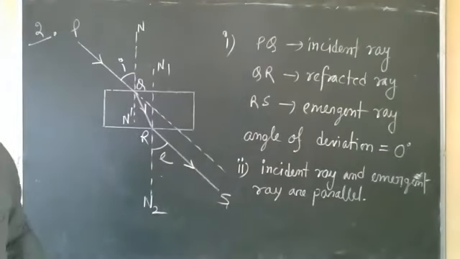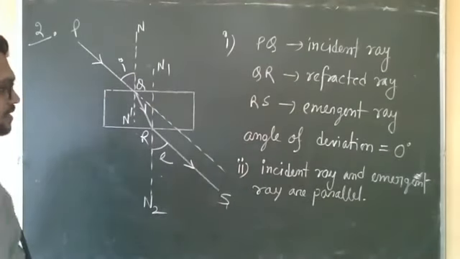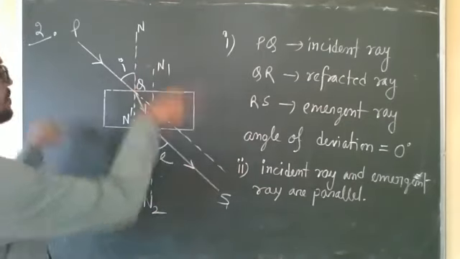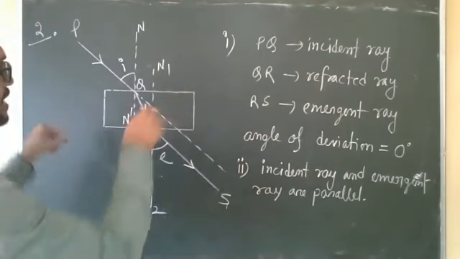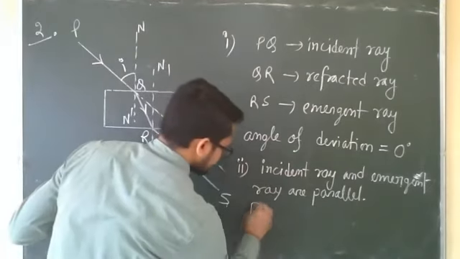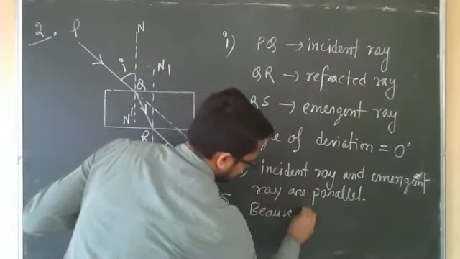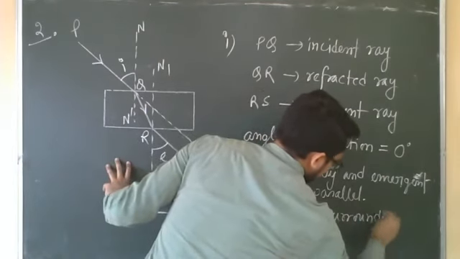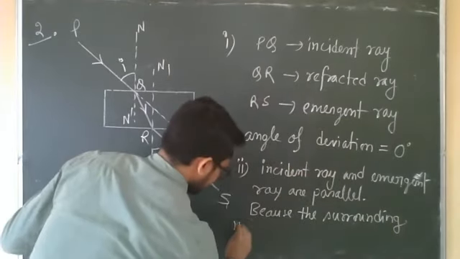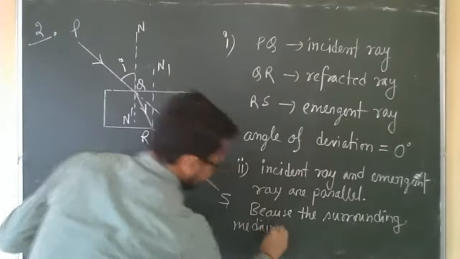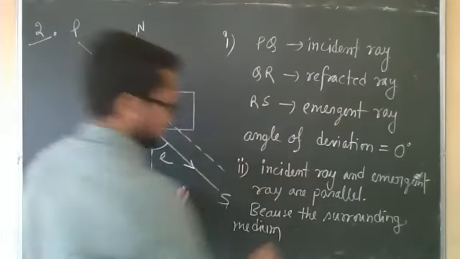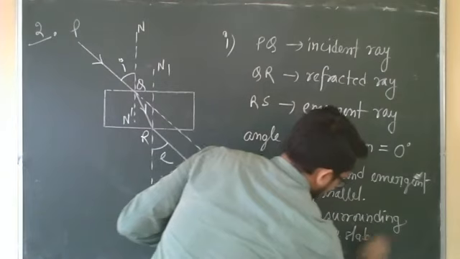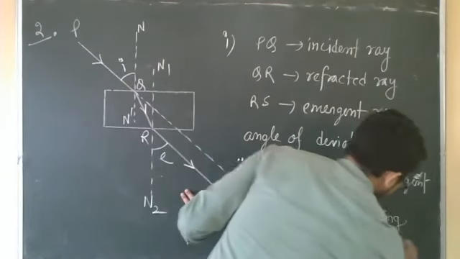Now you have to explain your answer. For which condition will they be parallel? When the surrounding medium is the same. The surrounding medium of the glass slab is the same.